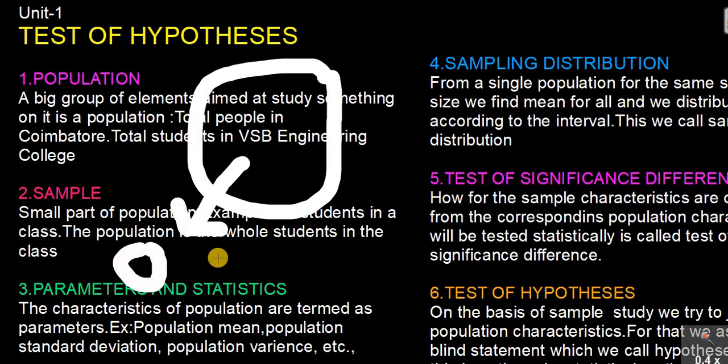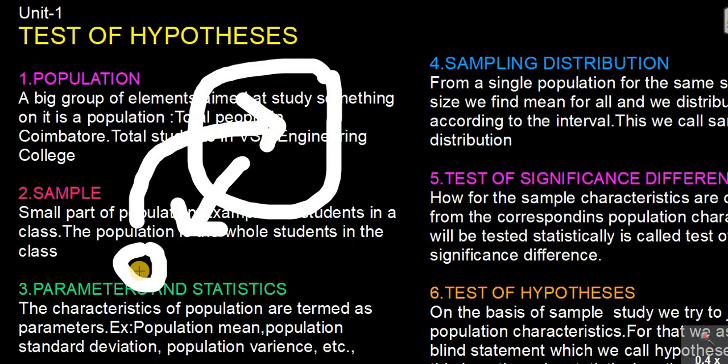This idea is again taken back to take a decision on the population. So this big one is called a population, whereas the small one is called a statistic, we say.